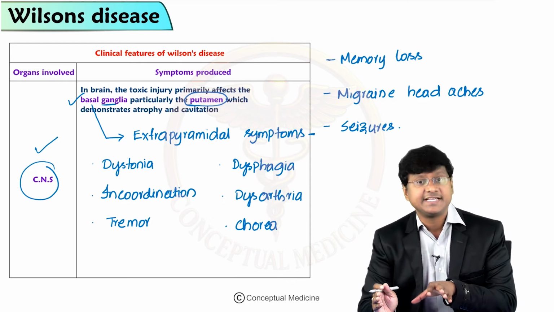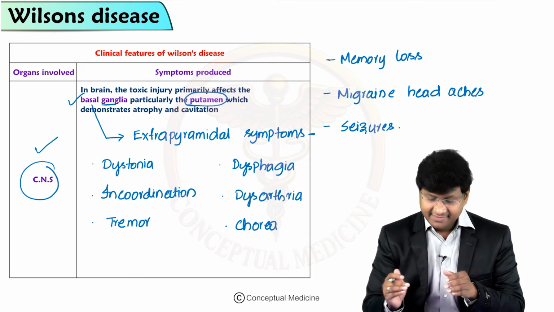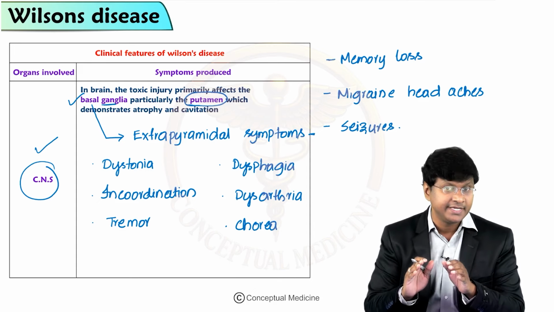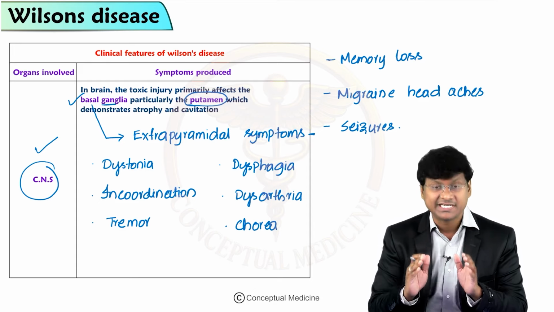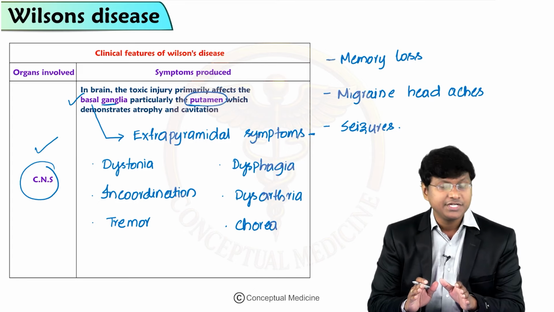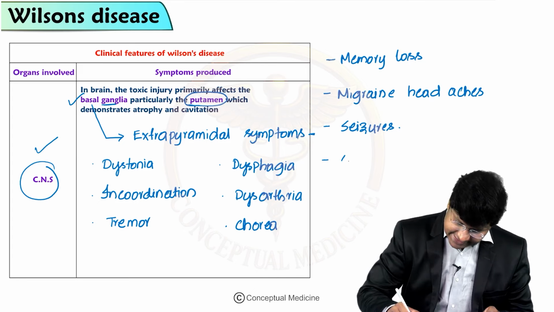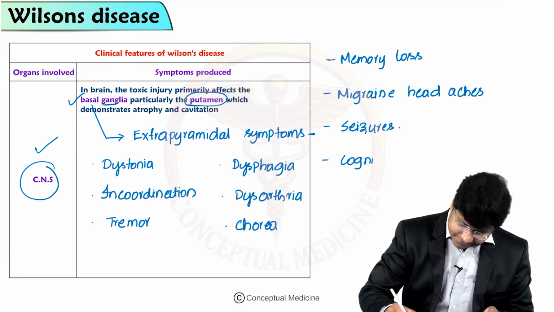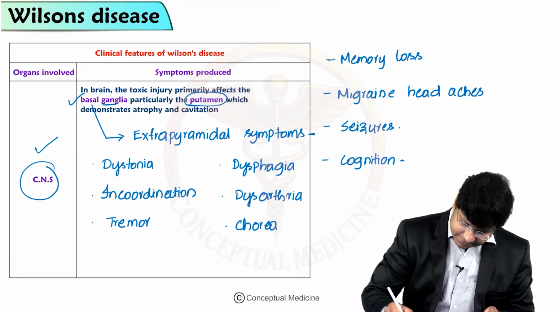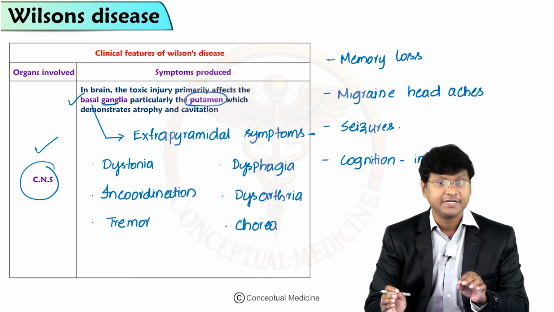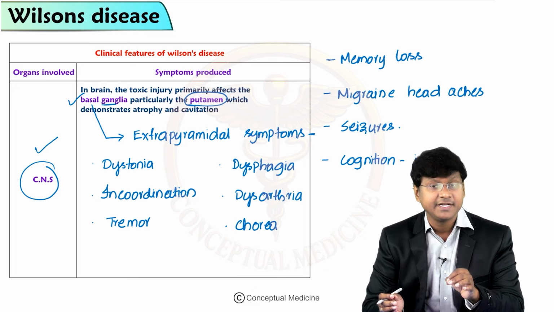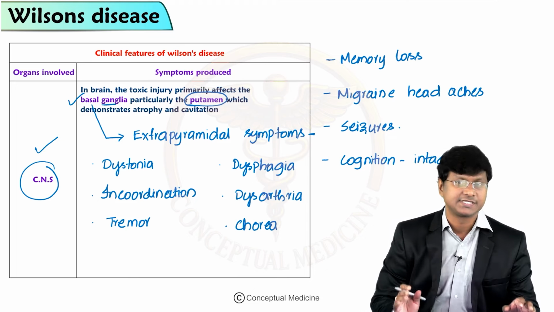So these are the other CNS manifestations, and these patients have difficulty in concentrating on tasks, but cognition is usually not impaired. Cognition is intact, but these individuals have difficulty concentrating on tasks.